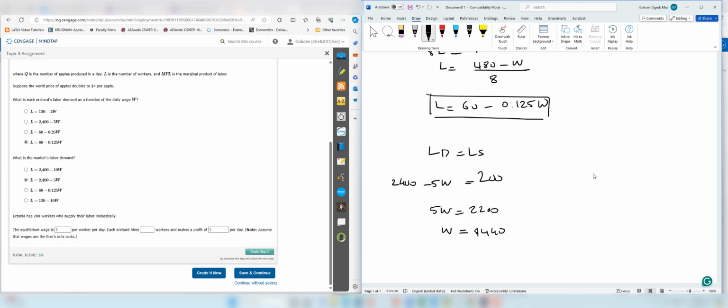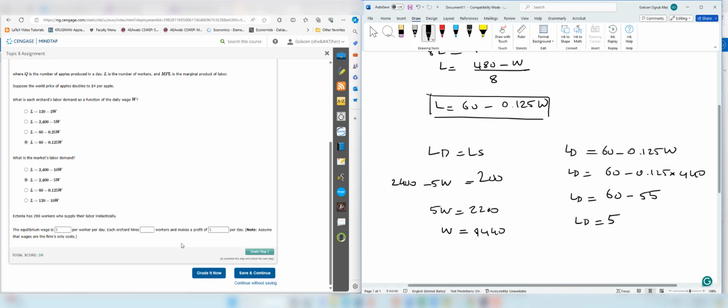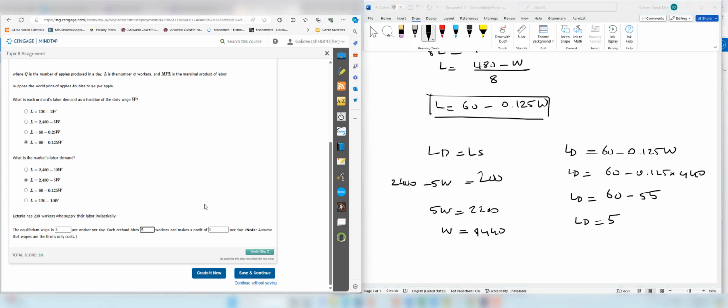Now, the next step is we are going to find how many workers each orchard hires. In order to find this, we need to go to the individual demand curve each firm has. For individual labor demand, we have 60 minus 0.125W. So labor demand is equal to 60 minus 0.125 times 440. Labor demand for each firm is 60 minus 55, which is 5. So each orchard hires 5 workers.